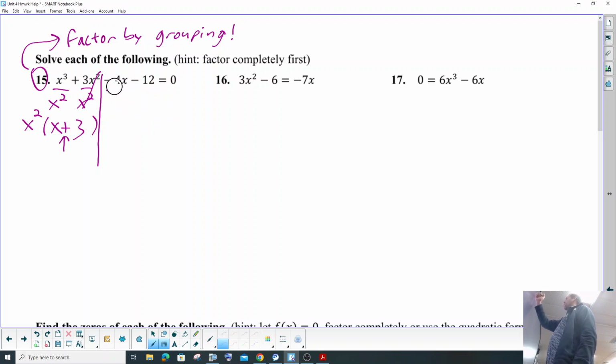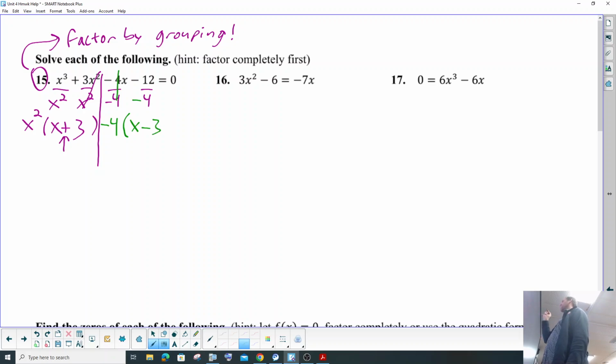So what do 4 and 12 have in common? They both are divisible by 4. But we want it to be negative, so we're going to pull out a negative 4. We're left with x minus, and 12 divided by 4 is 3.